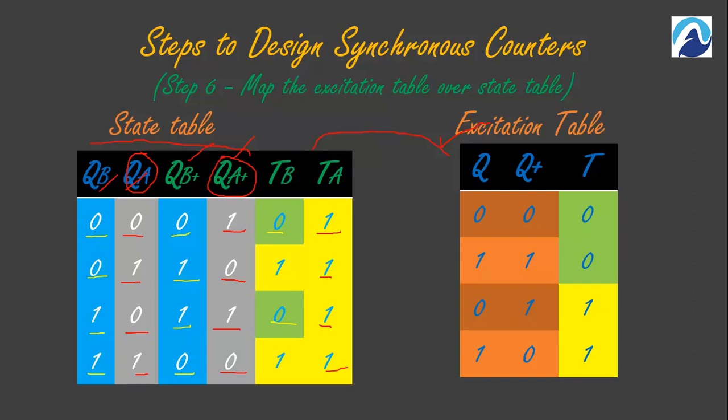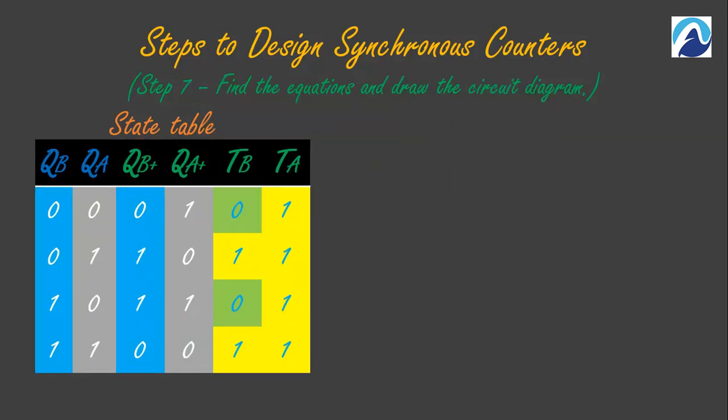Now the next and final step is that from the state table we need to find the relationship between TB and QA, QB, and also TA in terms of QA, QB. It means we need to solve the K-map for TA and TB, where my input variables are QB and QA.